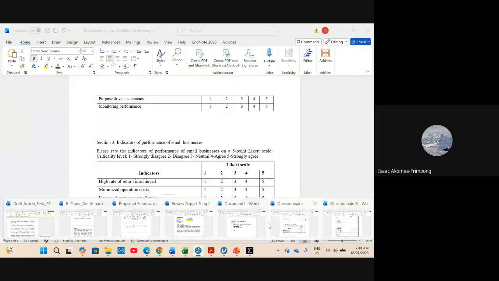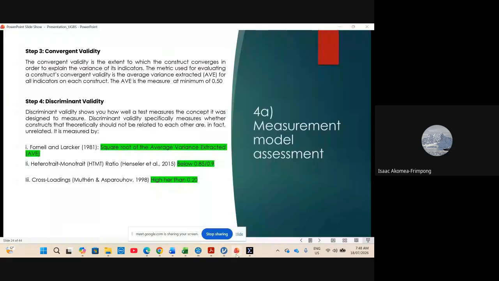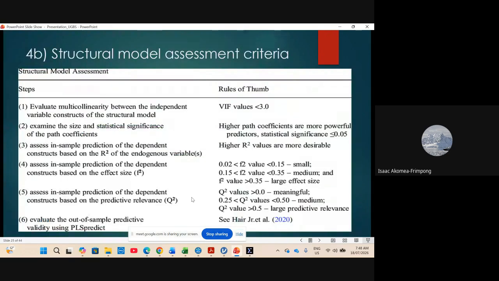So what do you report in your work? You have to report these things in the results section. You have to talk about the VIF, the variance inflation factor. The variance inflation factor helps us know whether there is multicollinearity, and once again, it has something to do with discriminant validity.